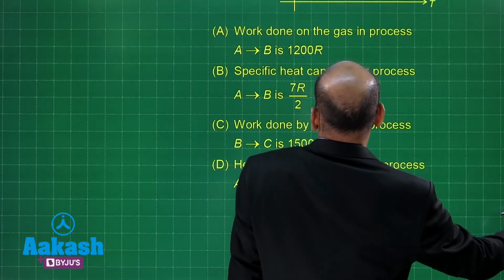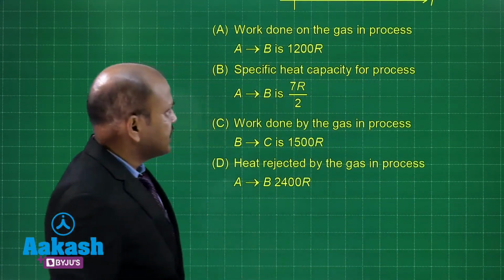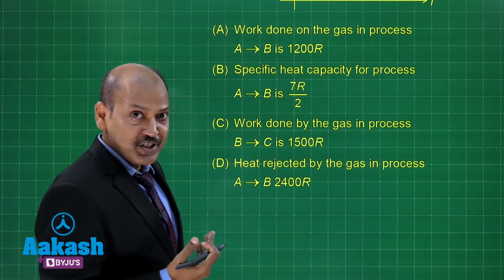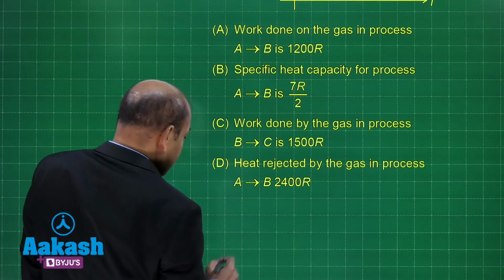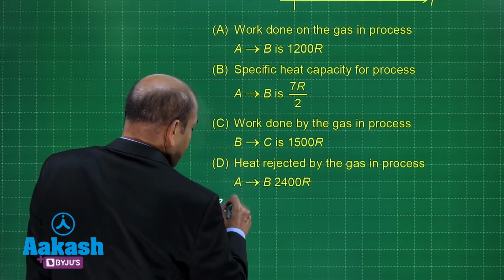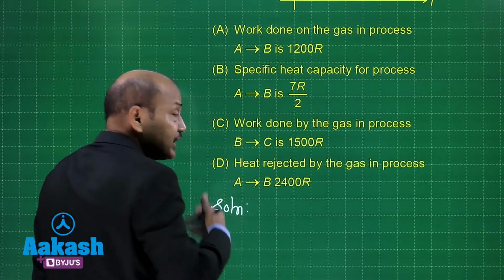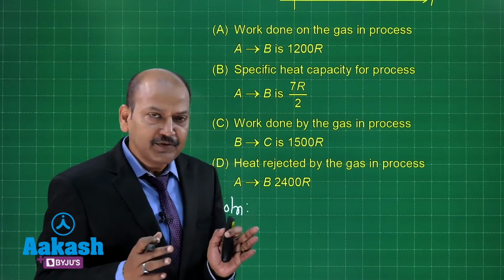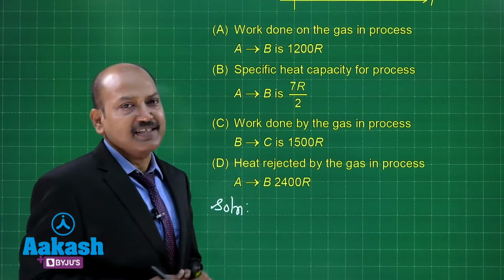First of all, let's try and find the work done on the gas in the process A to B. Work done on the gas in the process is the negative of work done by the gas in the same process.